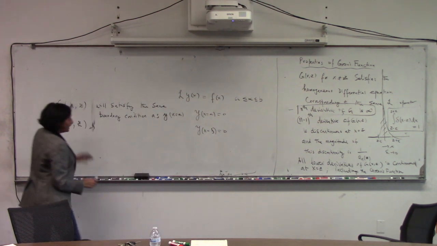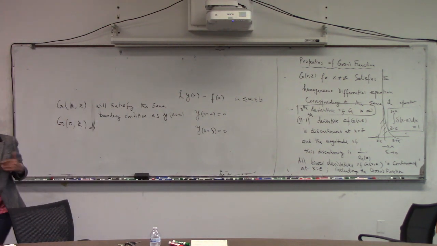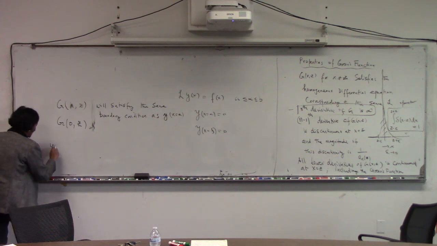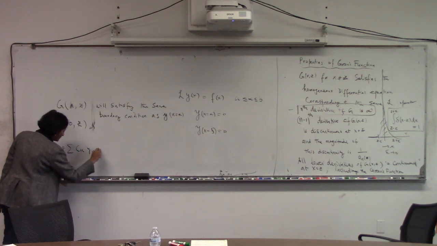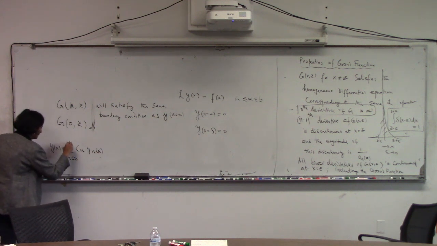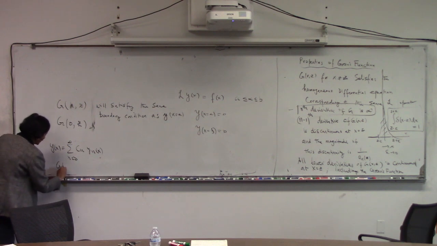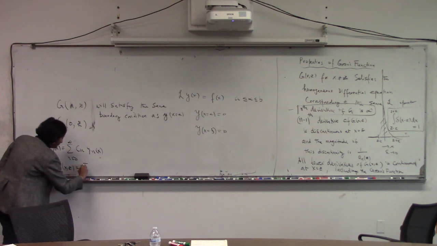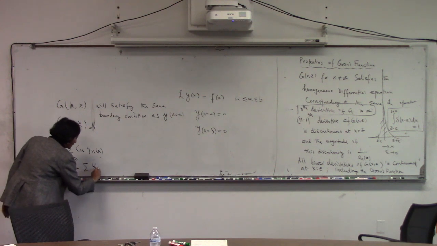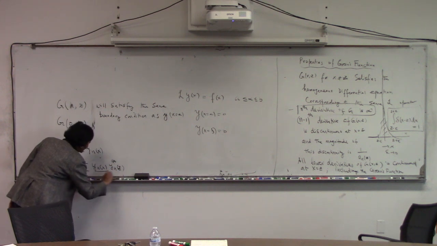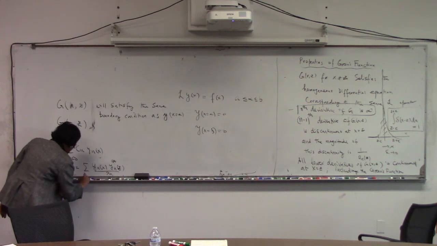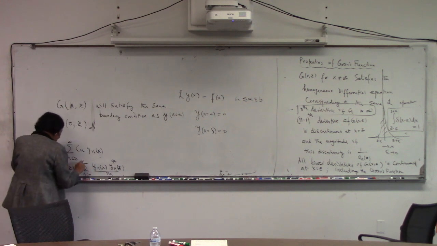Okay, and that is easy to understand from the previous method, because if you remember the way we wrote the solution as a linear combination of eigenfunctions, my Green's function was given as a sum of y of x, y star, the complex conjugate, of z, over the eigenvalue, going from 0 to infinity.